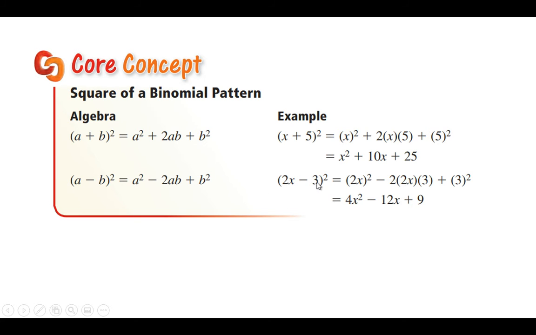The 3 here we square, so negative 3 times negative 3 gives us a positive 9. In the middle, we have 2 times negative 3, which gives us negative 6, times 2 gives us a negative 12.